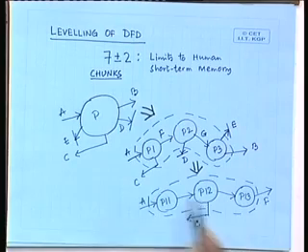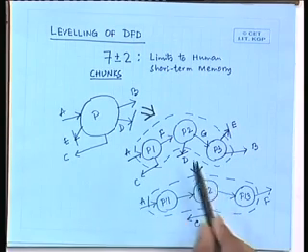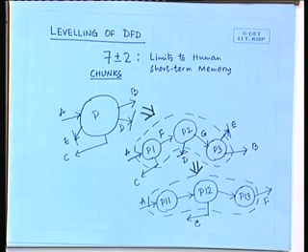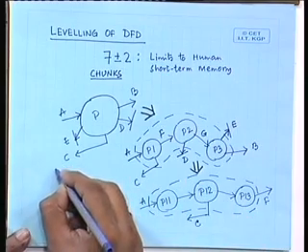Now see, this is the details of P1 only. Similarly, there will be details for P2, there will be details for P3. Now this is what is known as leveling of DFD. That means seeing more and more detail as we are going stage by stage.